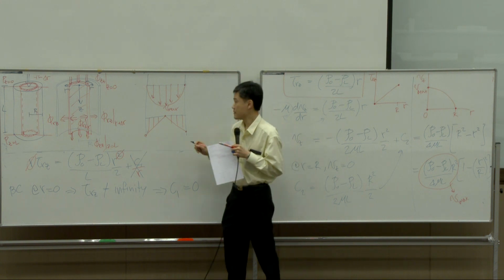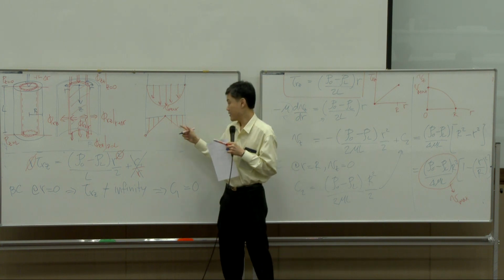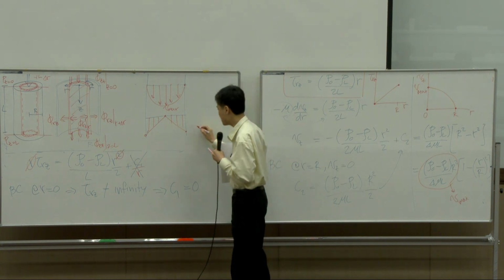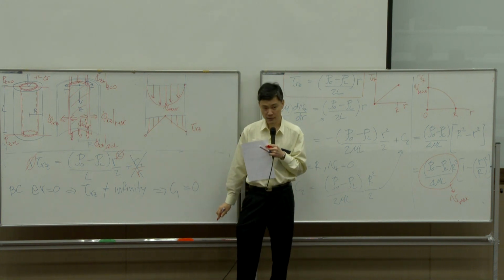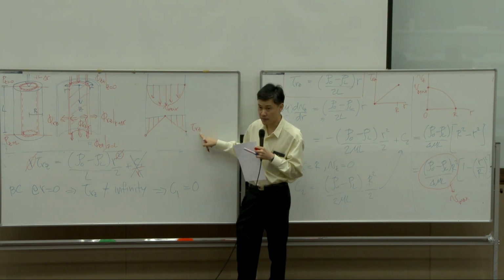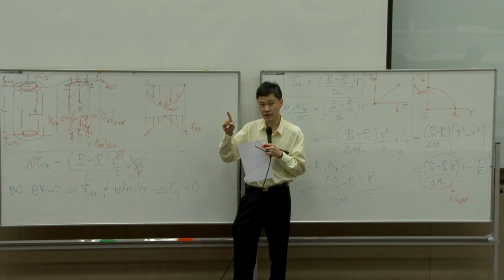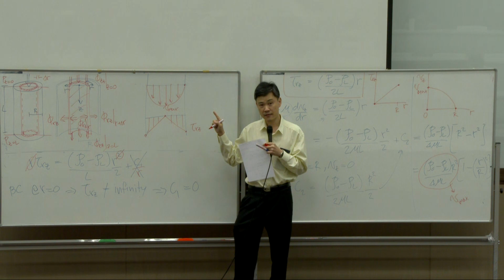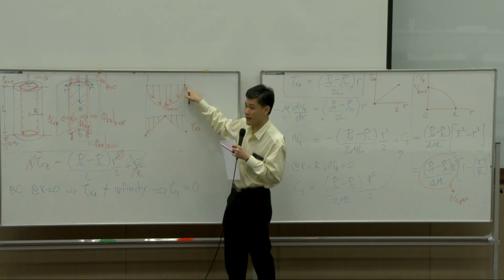Last thing is, we are all aware that tau rz is the momentum flux. It's a transfer of z momentum in the r direction. It always goes from high velocity to low velocity. So high velocity is here, low velocity is there.